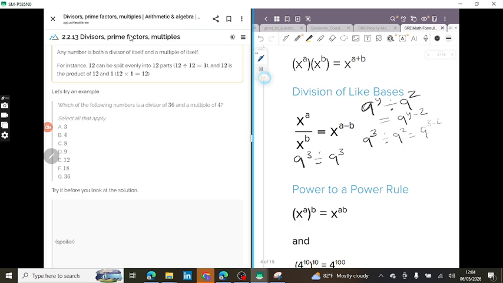Yes. But when we put it in indices, we end up having 3 minus 3, so a raised to the power 0. That is to say that what turned into something raised to the power 0 was a division, a number dividing itself. So from there we say anything raised to the power 0 equals 1.